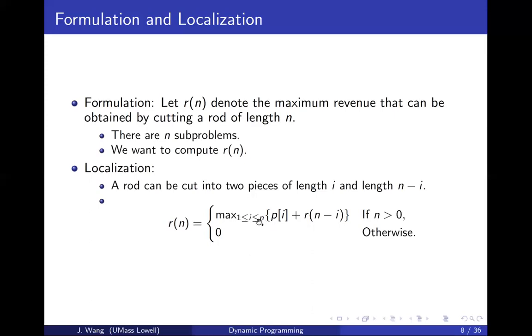When I is equal to n, you have n subproblems. When I is equal to n minus 1, you have n minus 1 subproblems. So then the runtime is 1 plus 2 plus up to n. Let me do this better.